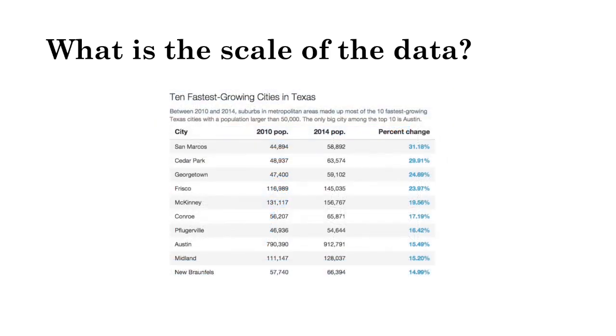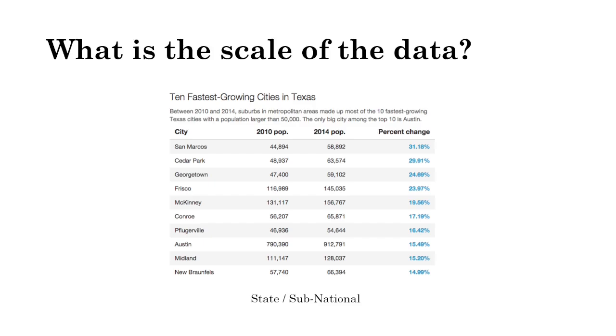What about this data here? 10 fastest growing cities in Texas. Again, we're looking at different cities, so it's not a city scale, but we're looking at cities within a state, Texas. So it's going to be a state scale. Another term that you can use with these states, sometimes they'll give you provinces of a country like Canada.